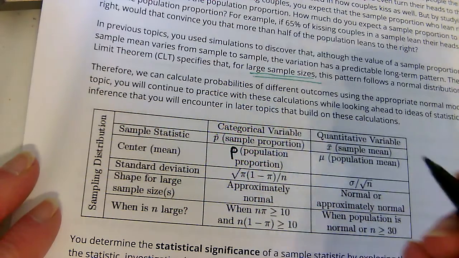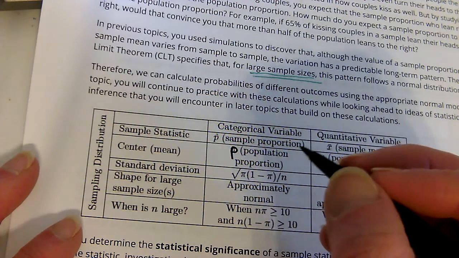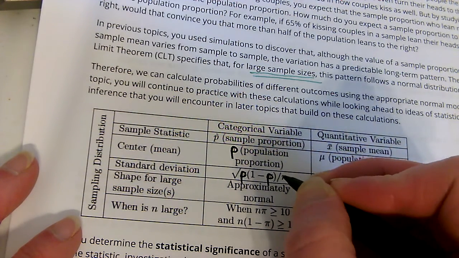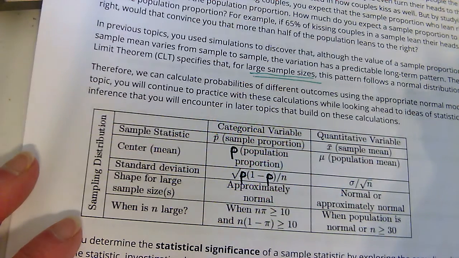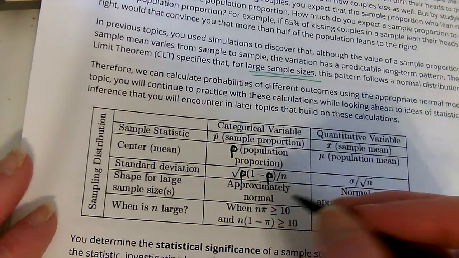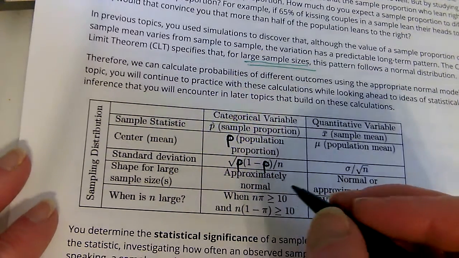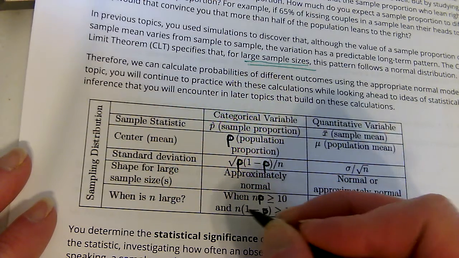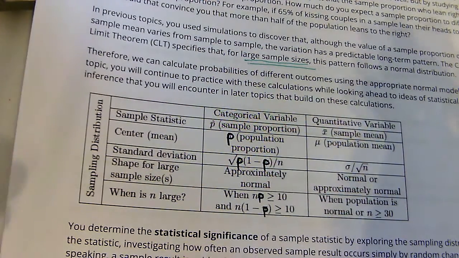I don't know why it has a pi there. And the standard deviation would be the square root of p times 1 minus p divided by n. And we assume it's approximately normal. And we need to know that n times p or n times the opposite has to be greater than 10.